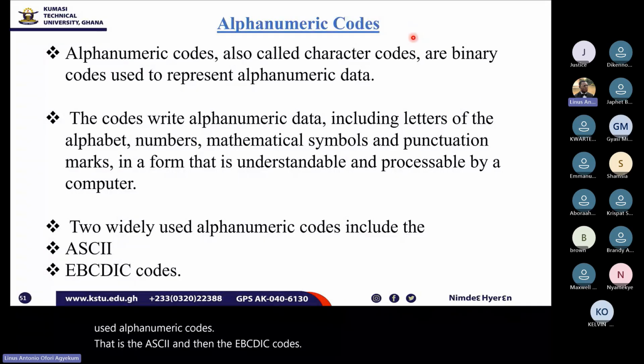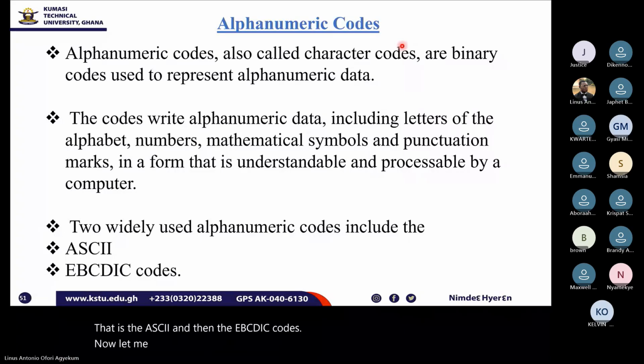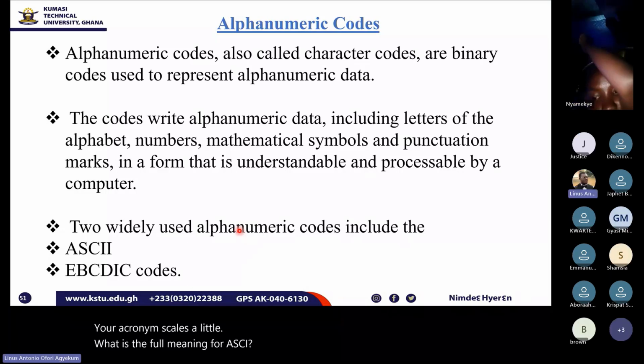Now, let me test your acronym skills a little. What is the full meaning for ASCII? Can someone tell us?